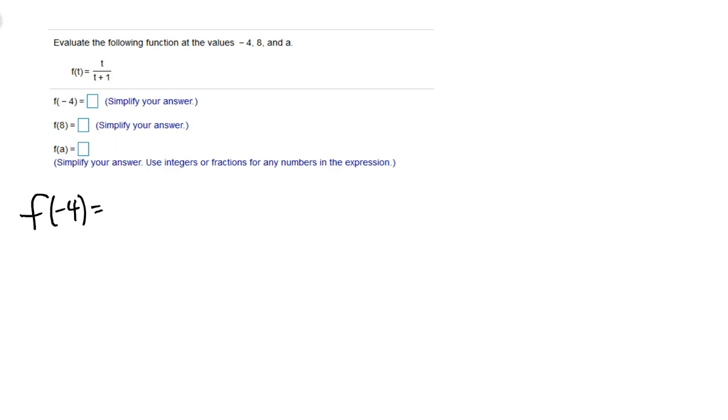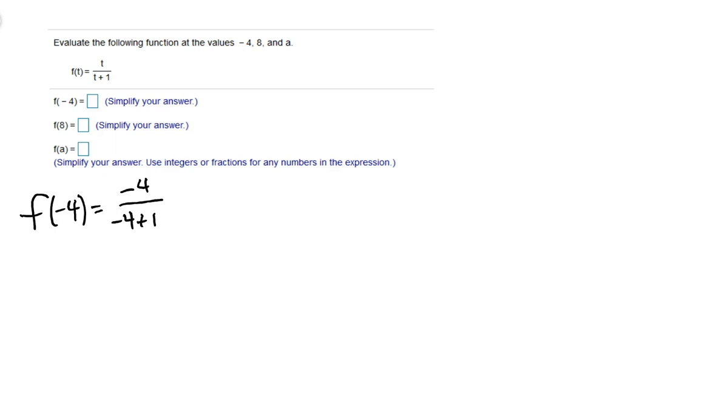Now, to evaluate a function at a specific value, we want to substitute that value in for the variable. So everywhere we see a t, we want to change that to -4. So f of -4 would be -4 over -4 plus 1.